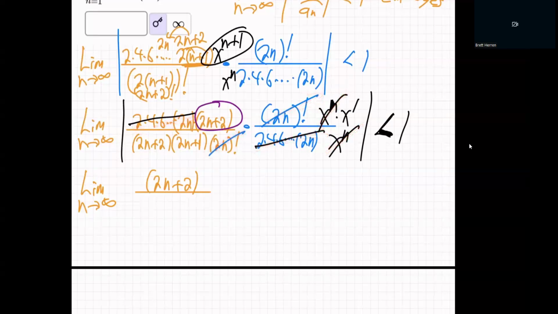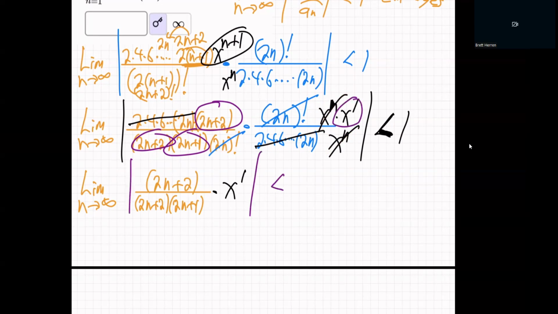So what else are we left with? I'm left with 2n plus 2, 2n plus 1 on the bottom. I'll circle them just so I don't lose anything. I either circle or cross out everything so I don't lose anybody. And times x to the 1, absolute value less than 1. See, I circled or crossed off everybody. Didn't lose anybody. Okay, now we're going to go to infinity with this thing.